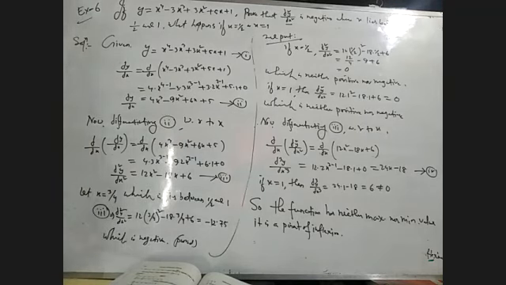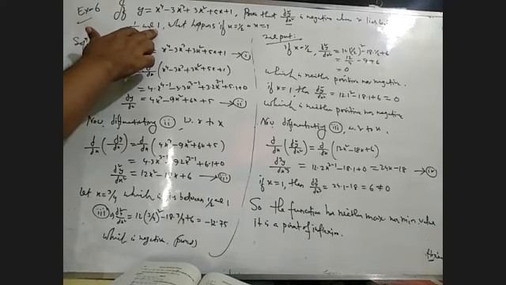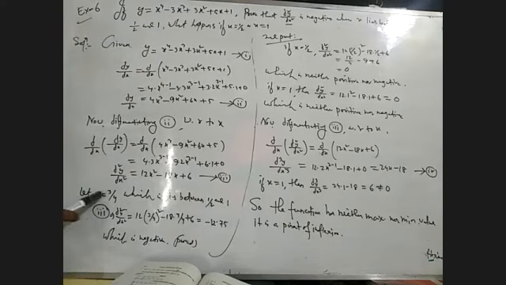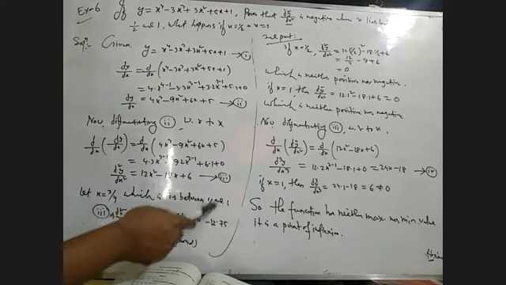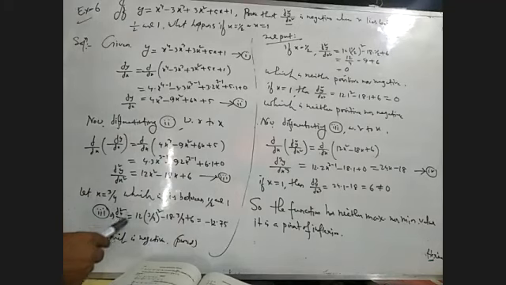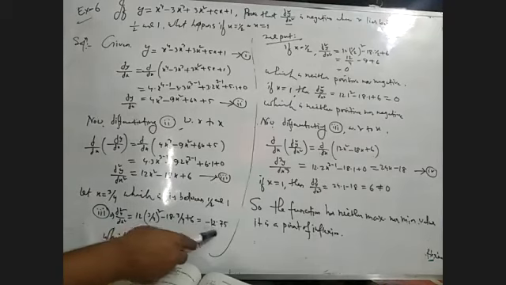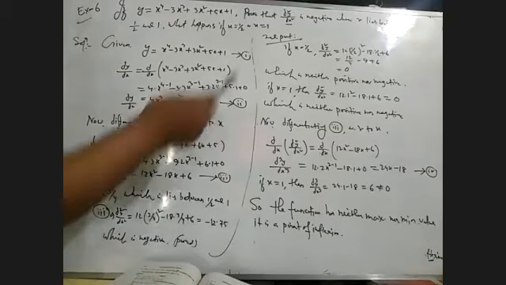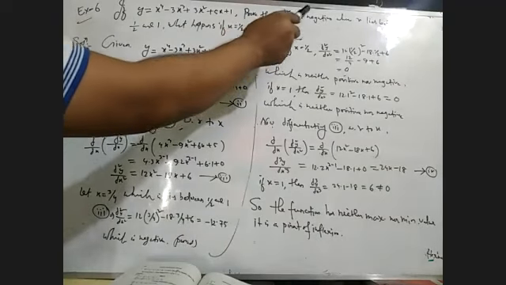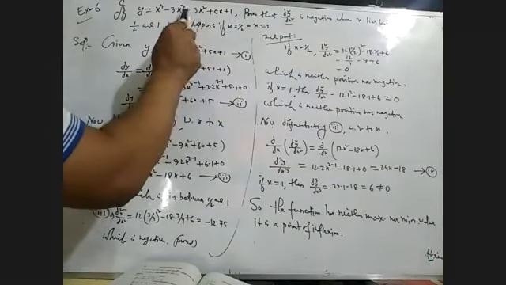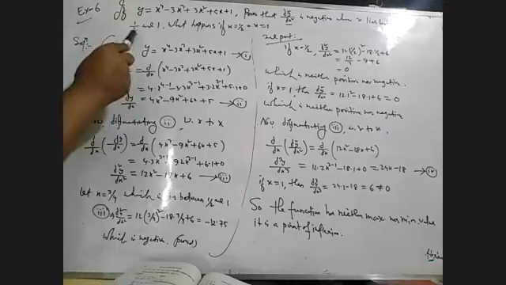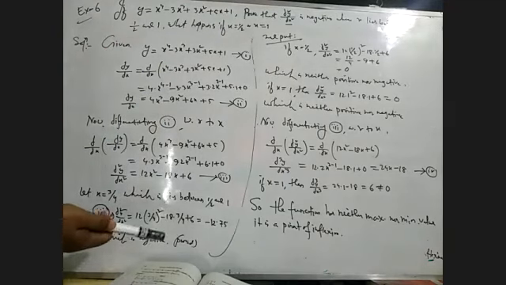Now we have to consider a point between half and 1. Let x equals 3/4, which lies between half and 1. So the value of the second derivative at x equals 3/4 is negative. That means the second derivative value of this function is negative when x lies between half and 1. We have proved the first one.